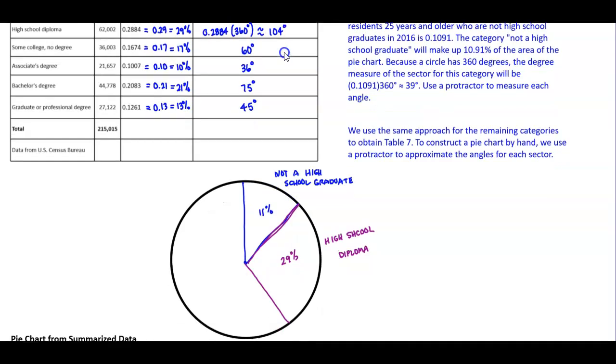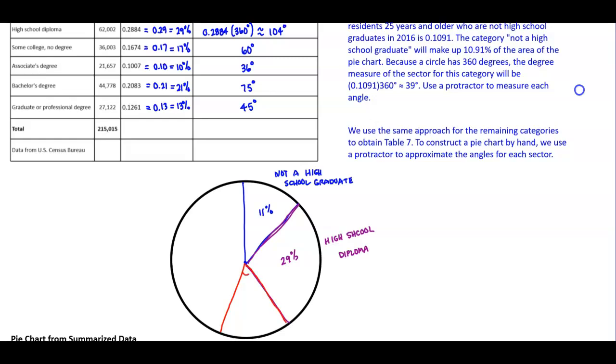Okay, and now we're going to go a little further, and we're going to do the some college and no degree. So some college and no degree has a 60-degree angle. So we're creating a 60-degree angle here. So this is our 60 degrees.